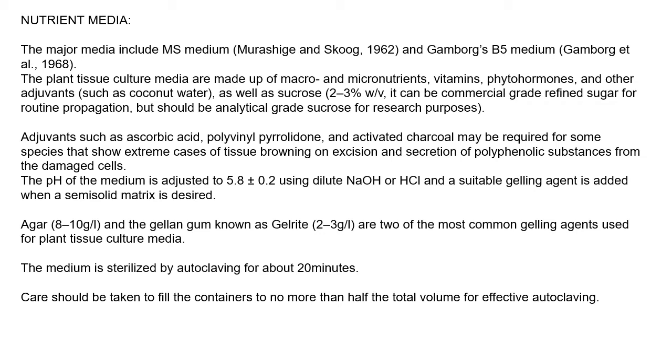Here you need to halve your agar amount. If you are working with 2 grams of agar for 100 ml, then to get semi-solid you will use 1 gram. For bacterial cultures, 2 grams of agar is often used. Agar is used at 8 to 10 grams per liter, and gellan gum, known as Gelrite, at 2 to 3 grams per liter. These are the most common gelling agents.